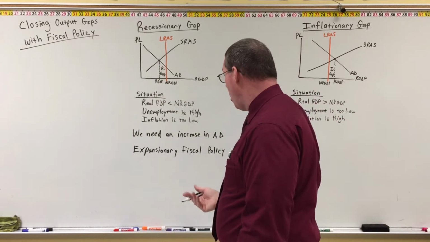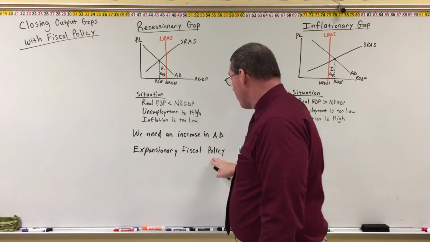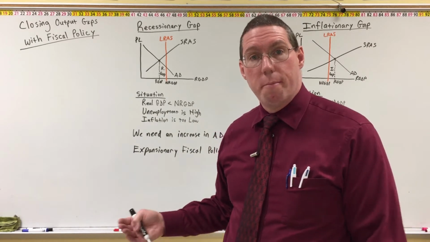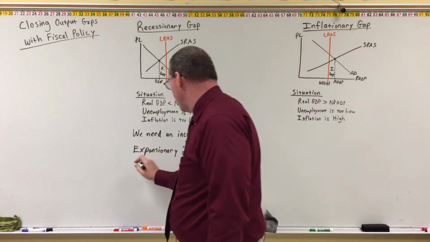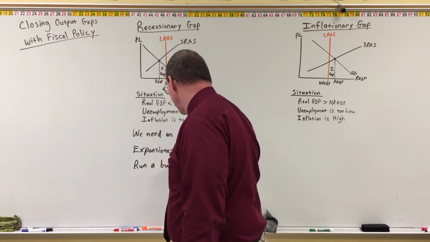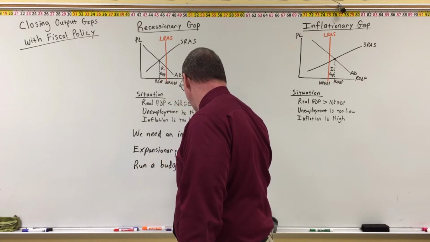And so, under expansionary fiscal policy, what kind of budget should we have? What should be the situation of the budget in expansionary fiscal policy? We need to run a budget deficit.